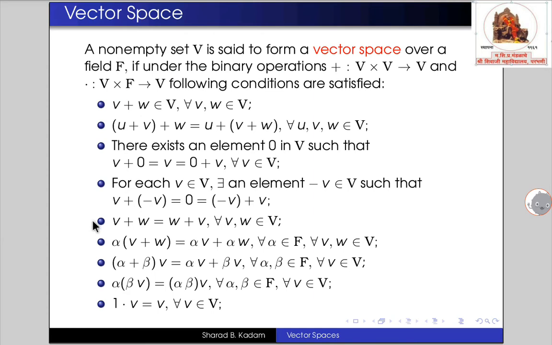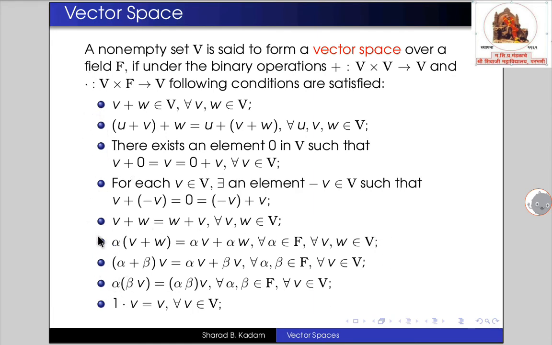Now the fifth property is called commutative property with respect to addition. This property states that v plus w equals to w plus v for every v and w in the set V. And these 4 properties or conditions we have discussed in the previous definition.